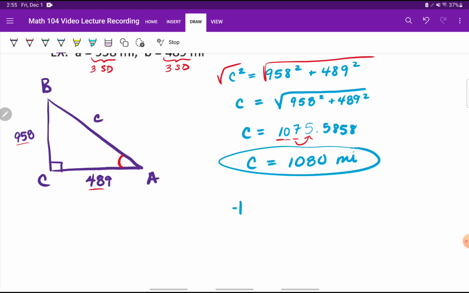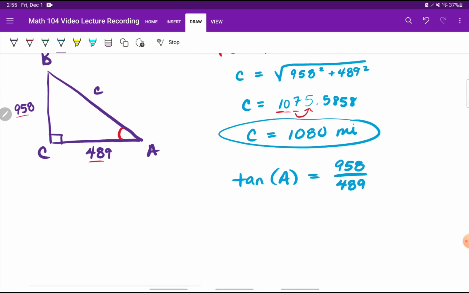Tangent of our angle A is equal to 958 divided by 489. To find angle A, this becomes tan inverse of 958 divided by 489.